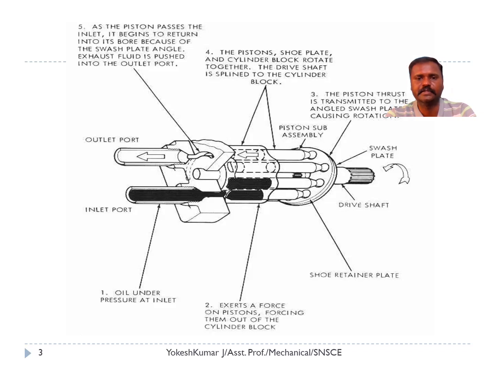The drive shaft is splined and connected with the load. As the piston comes to its original position at the outlet port, the oil is forced out through the outlet, and it is bypassed to the reservoir by means of a direction control valve.